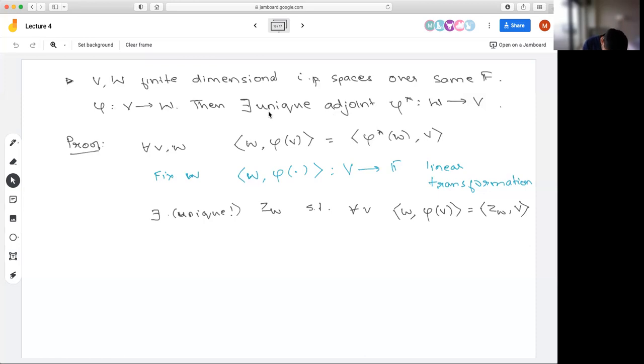Let's just define phi star of W to be ZW. For every W, there exists a unique ZW. So there is some vector that exists. We'll just call it phi star of W. And this definitely satisfies the properties we want, because of what we just said.